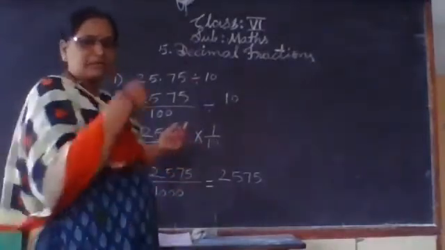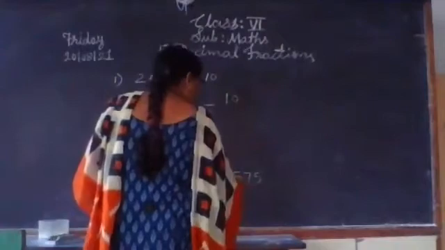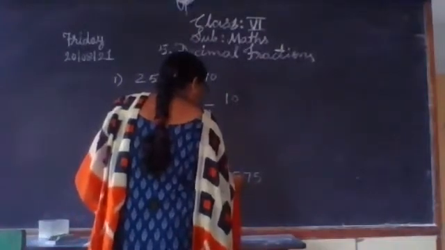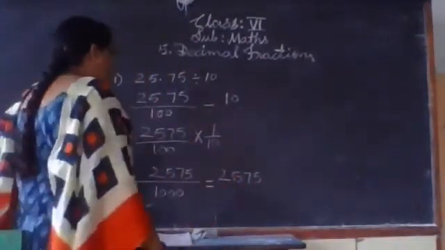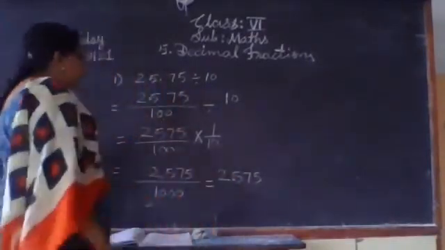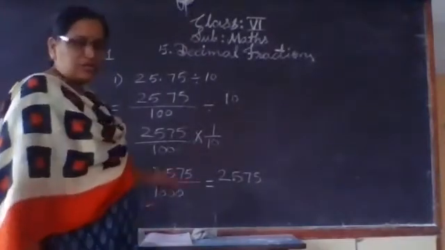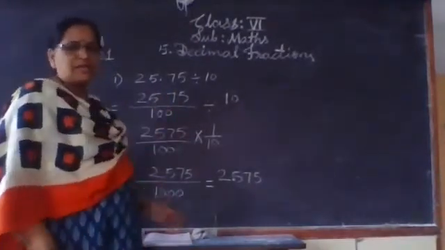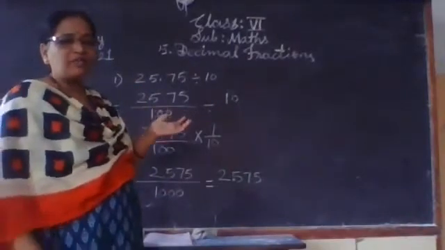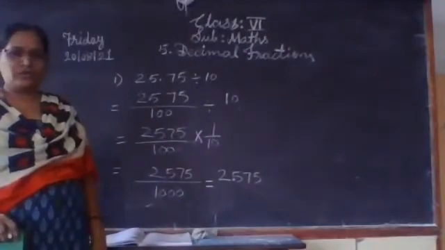Now put the decimal point from the right side after 3 places. So the answer is 2.575. Okay.